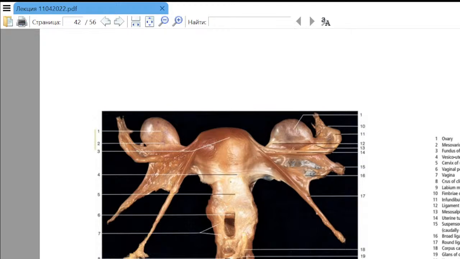This is the vaginal portion of the cervix and the vagina. This is, you see, the labium minus and hymen and vaginal orifice.